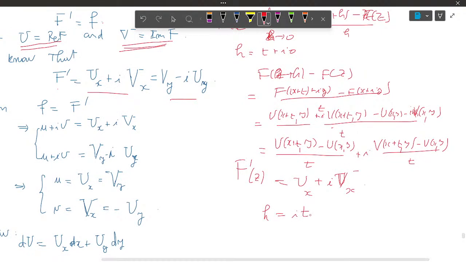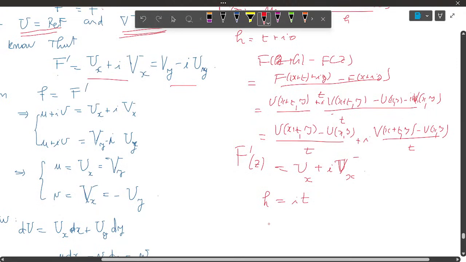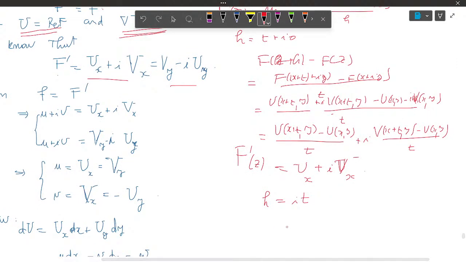h is just this. So if we write h like this, you will see that in the difference, we will have, in contrast to what we did, z plus h is going only to be x plus y plus t i.